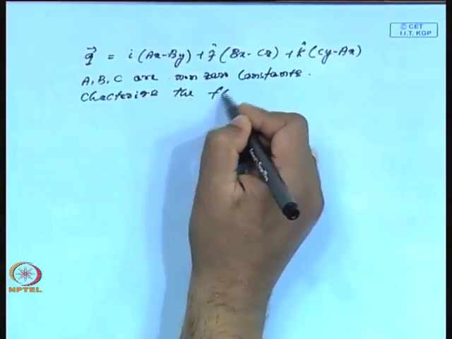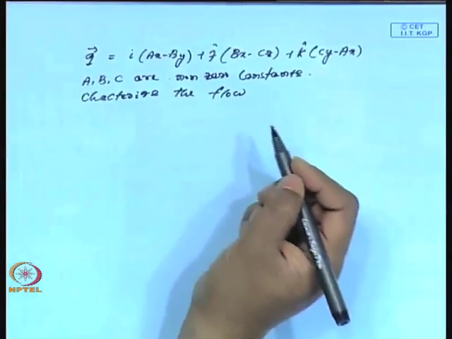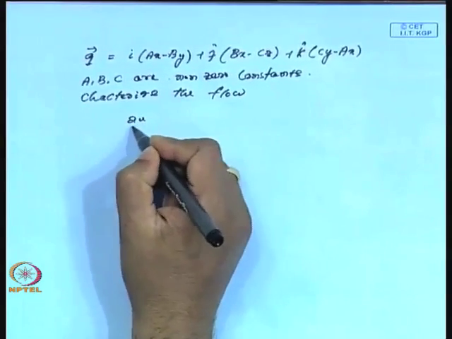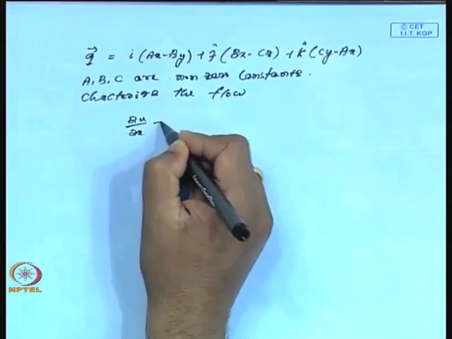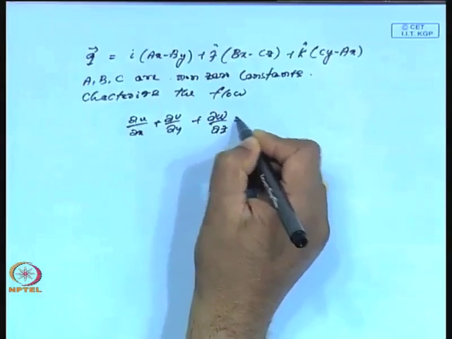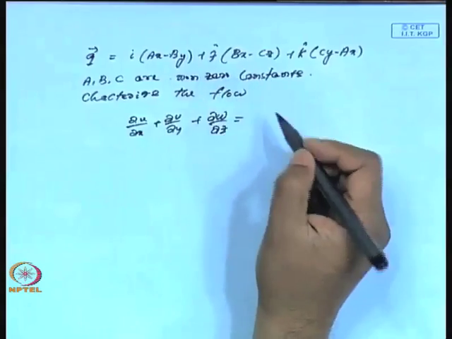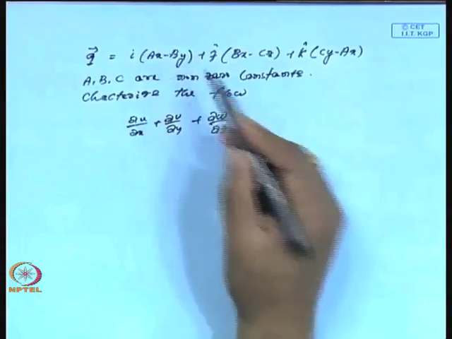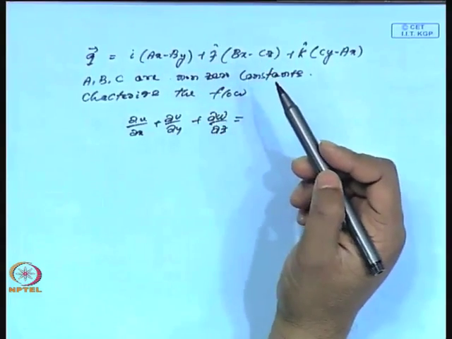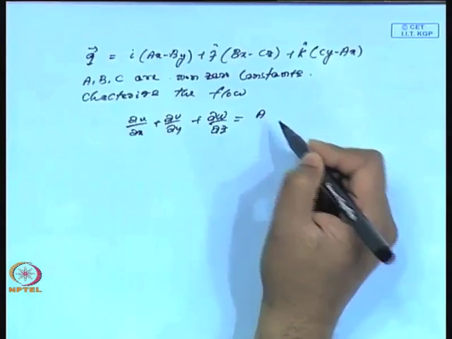The first thing is to check whether a fluid motion is possible or not. Since it is independent of rho, you have to check whether del u by del x plus del v by del y plus del w by del z is zero. Del u by del x, u is a x minus b y, so it will be a.